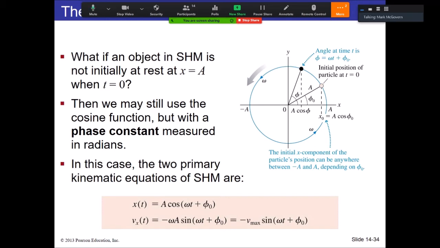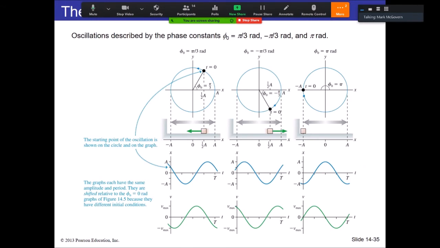So you'll need to be very mindful when you read over your problems whether you have to incorporate a phase constant or not. You would have to incorporate a phase constant if, in the description of the motion, it doesn't seem like it's going to start off the way a cosine function behaves. Or you're just directly told something like, at t equals 0, the position and velocity are these values. Then you solve for the phase constant given the values there. I'll do some examples so you can see how that works.